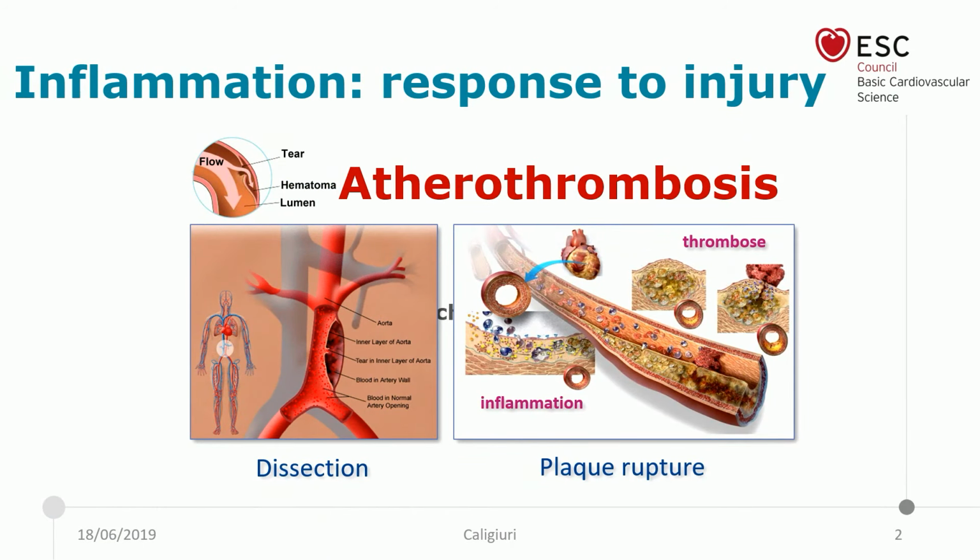As we said this morning, in atherosclerosis and atherothrombosis, inflammation comes like a response to injury, and this injury can be either occurring in large arteries, and then in that case you mainly assist to dissection and eventually rupture, which may evolve to aneurysmal dilation.